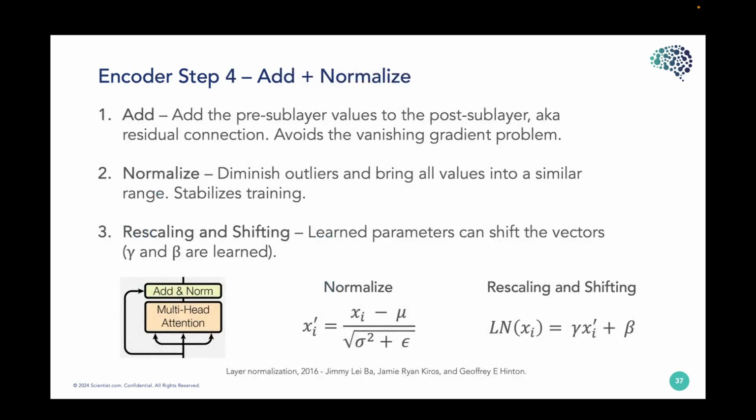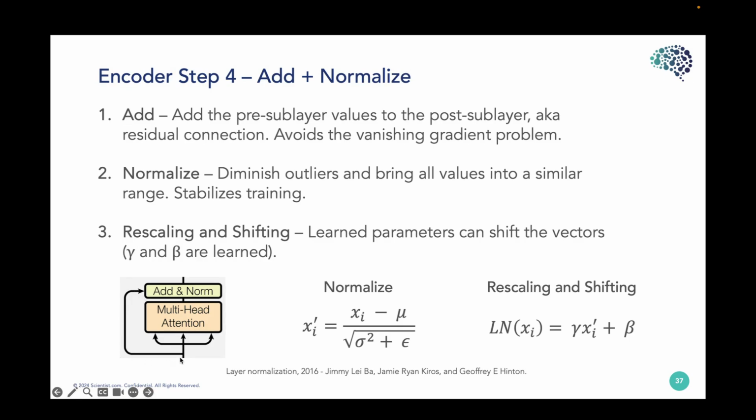From there, you go into your first of 5 add and normalize steps. Every add and normalize step, you can see here in this image, comes after one of these sublayers, either an attention block or a feed forward block. And for every one of them in the original image, you're going to see this little arrow here. This is called the residual.